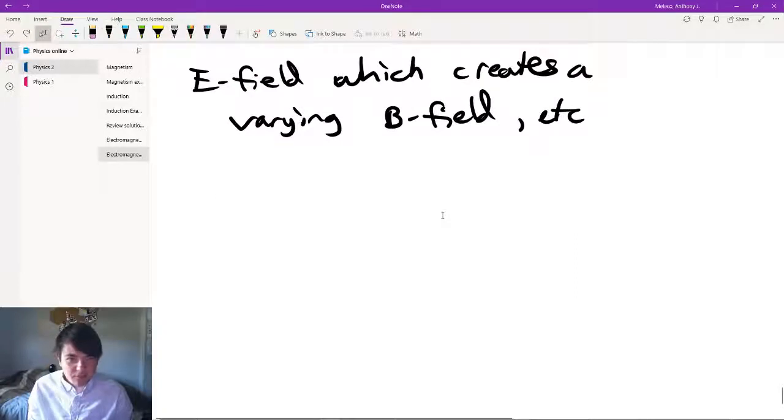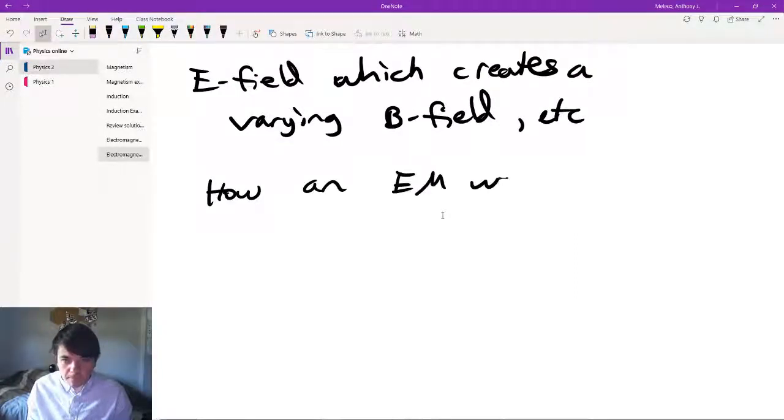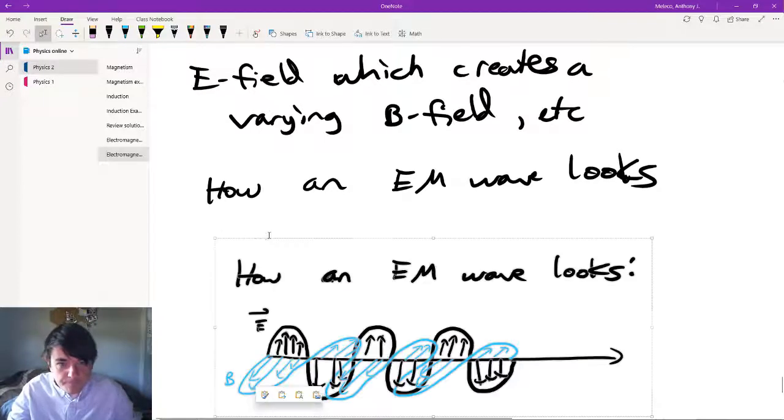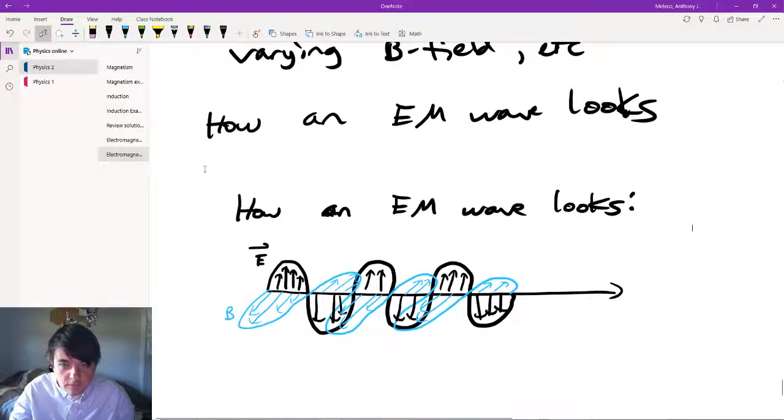So let's look at how an EM wave looks. I'm going to shamelessly borrow from my previous work here. So it kind of looks like this. I guess I can just delete that.